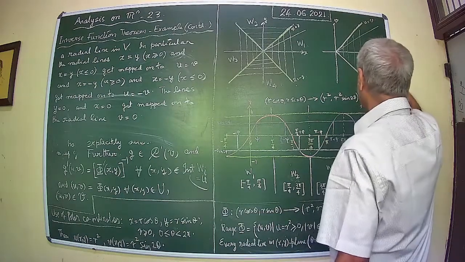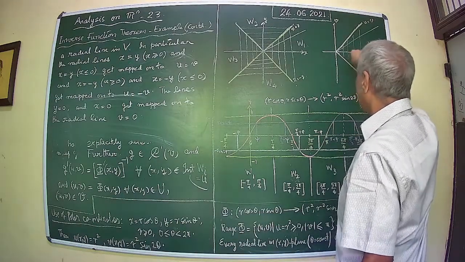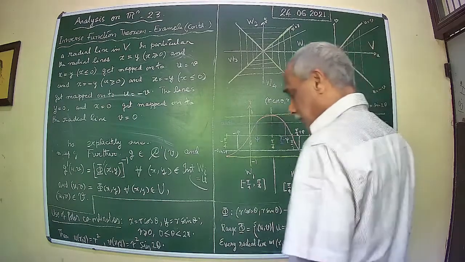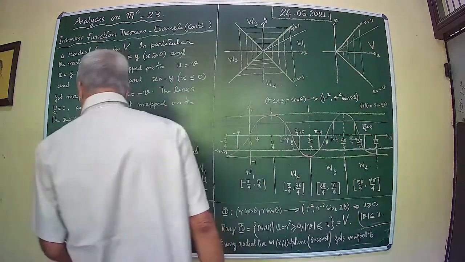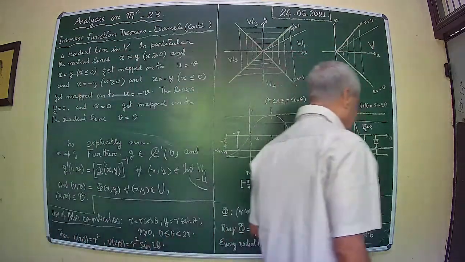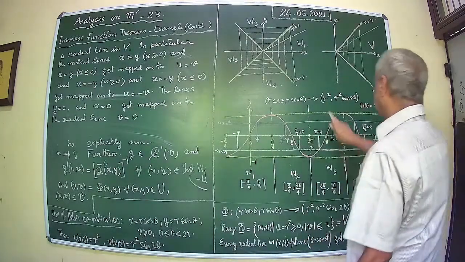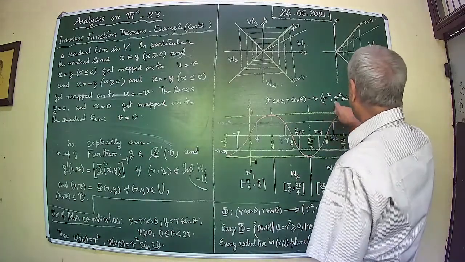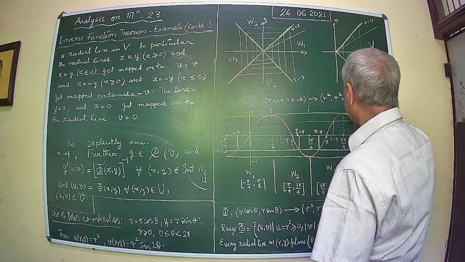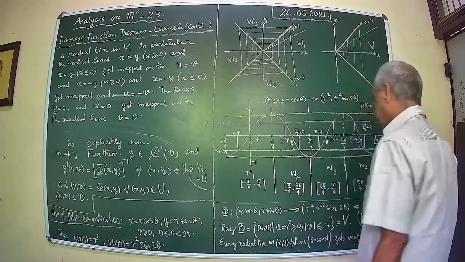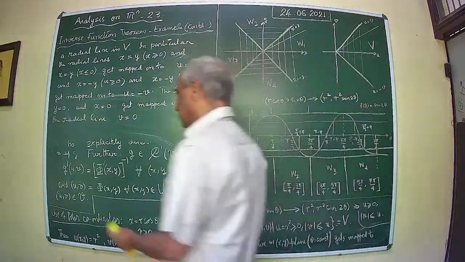It is not of the form r square cos 2 theta and r square sine 2 theta. It is of the form r square comma r square sine 2 theta. Okay, so that's the map that you have.